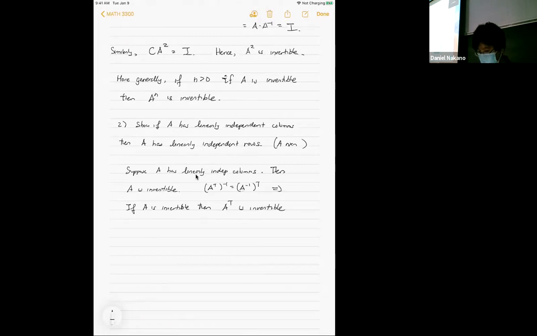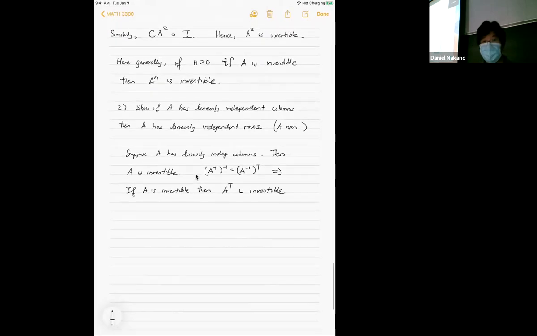Now if A transpose is invertible, then it has to have linearly independent columns. Yes. And as you said, A has linearly independent rows.